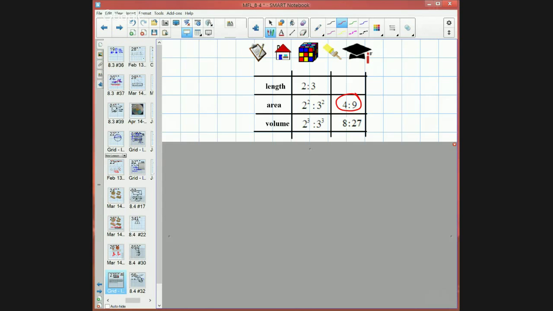And even though we haven't done it, if you went to volume, now you're jumping up 2 dimensions. Now you have to cube them. So instead of 2 to 3, it's now 2 cubed to 3 cubed, which would be 8 to 27. So whenever you jump up a dimension, you have to jump up an exponent. Anyway, that may come up. I can't remember specifically if it does in an assignment or not.